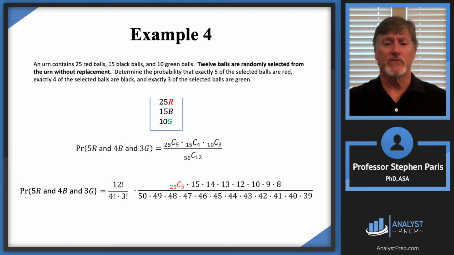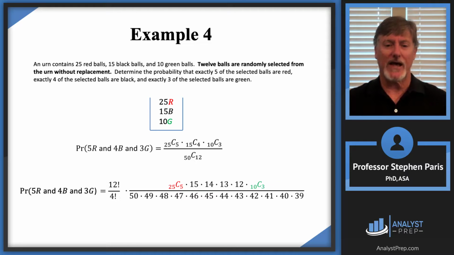Now the green ones: if you look at 10 times 9 times 8 and group that with the 3 factorial, that will exactly give you the 10 choose 3 factor in the numerator of the expression above. And the ones in black, 15 times 14 times 13 times 12 divided by 4 factorial, give you exactly 15 choose 4.